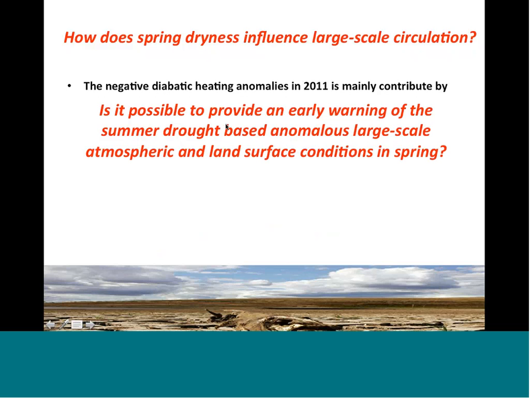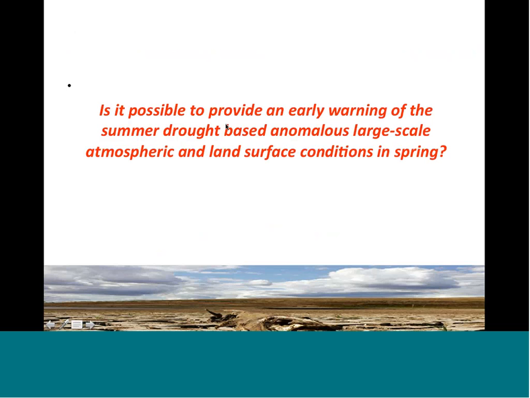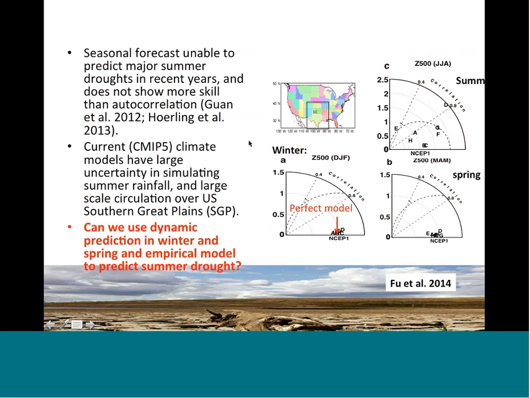So the last question is, is it possible to provide an early warning of the summer drought based on anomalous conditions in spring? Okay, I'm almost done. Let me go quickly.